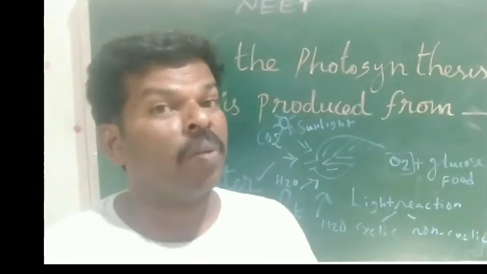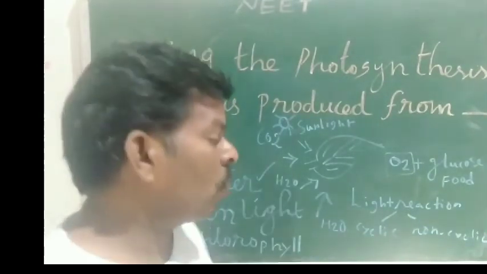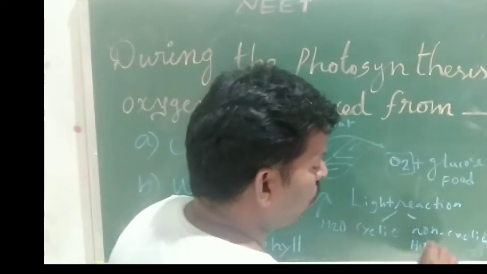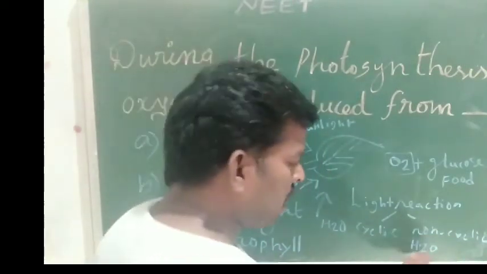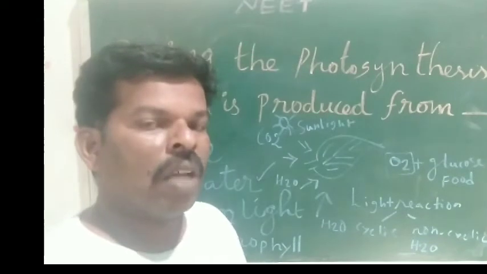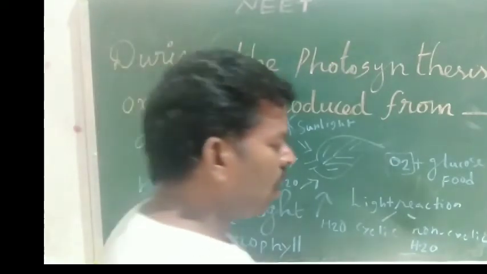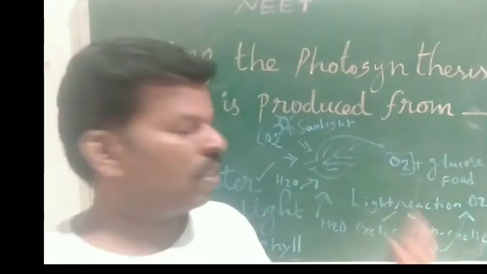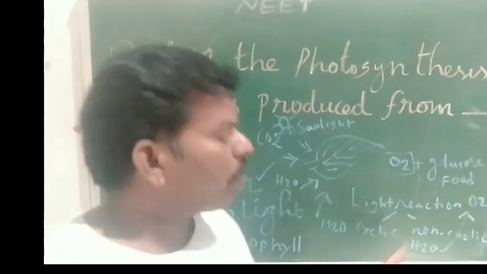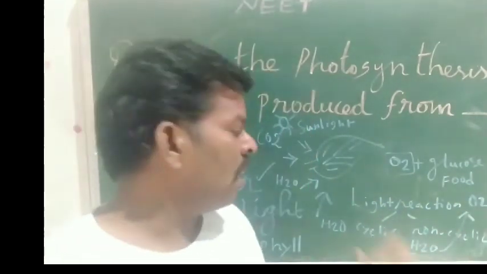That's very important. H2O is broken down, the hydrogen moves to the electron and proton molecules, and oxygen is released to the atmosphere during the non-cyclic process. Cyclic and non-cyclic processes are both light reactions.